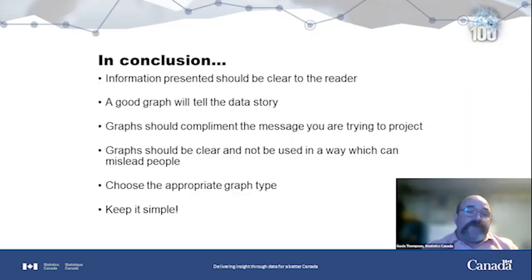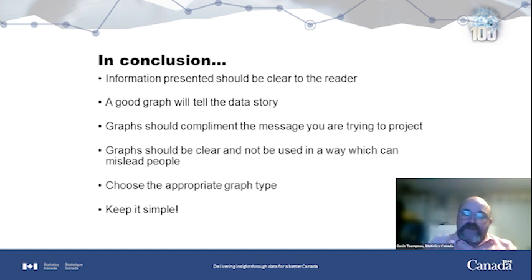All right, so in conclusion for the charts, your information has to be clear to the reader. That's the whole point of making this thing. A good chart will tell the story all by itself. They're going to complement the message you're trying to project. So as soon as someone picks this up, let's say there's a lot of text and other numbers with it, this is the thing that's going to catch their eye first.